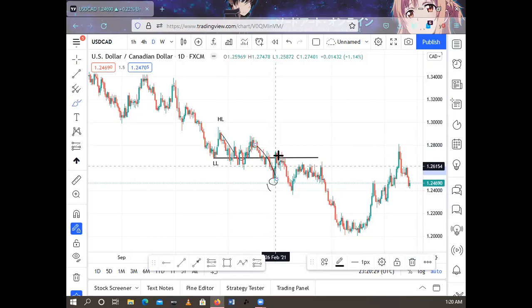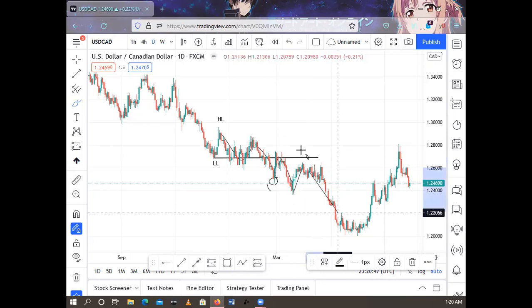Came back into our level of structure and then just continued pushing to the downside, right? Now, even when the market comes in for another retest on your structural level, you know that the market will eventually continue to the downside because your structure hasn't been broken here, right?